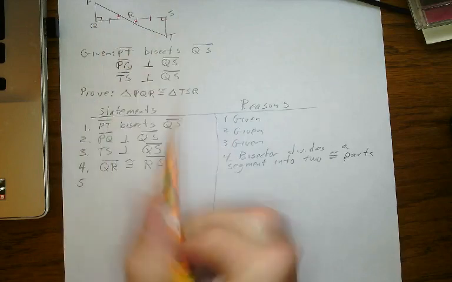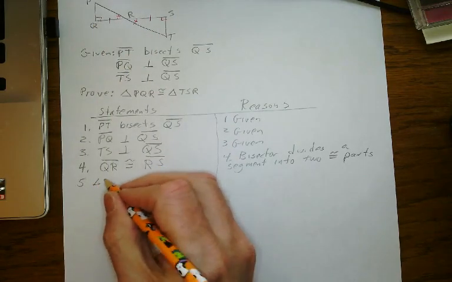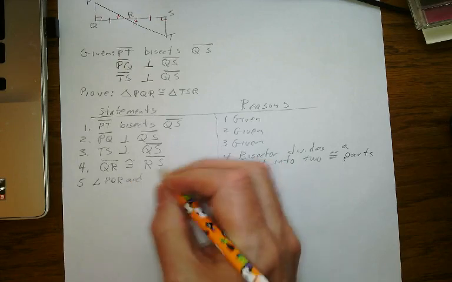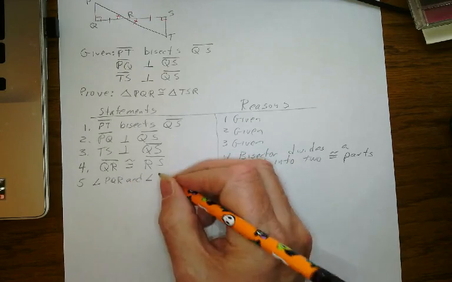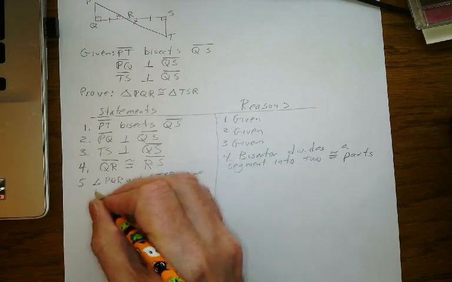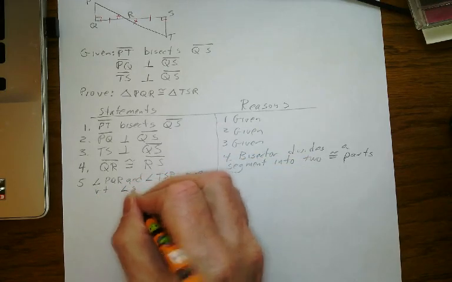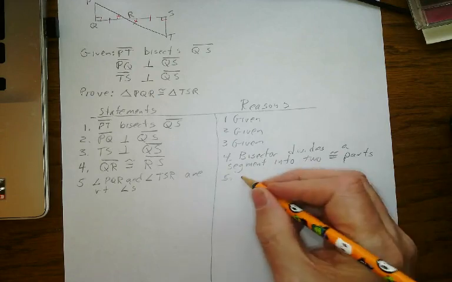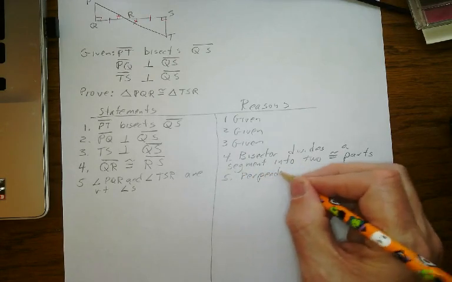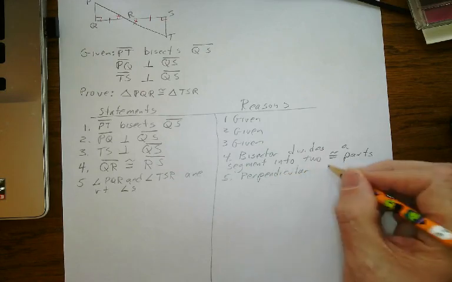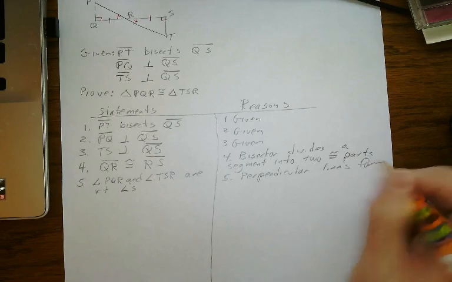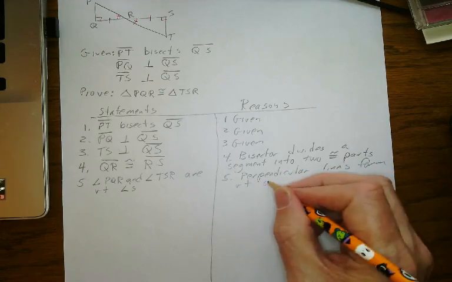I marked two right angles. Let's say angle PQR and angle TSR are right angles. And why did I write that? Perpendicular lines form right angles.